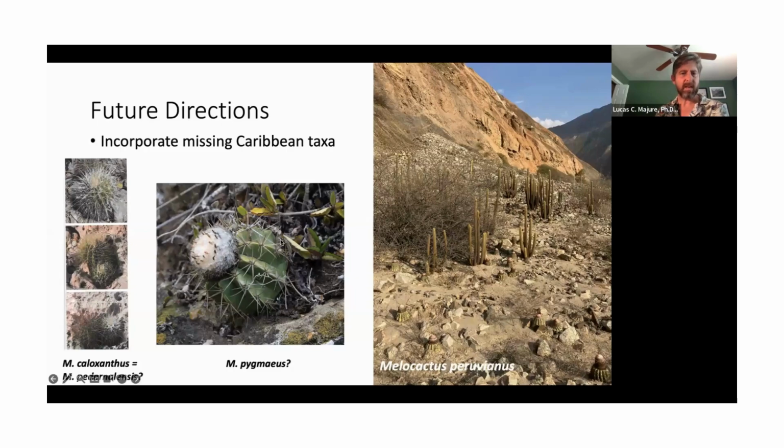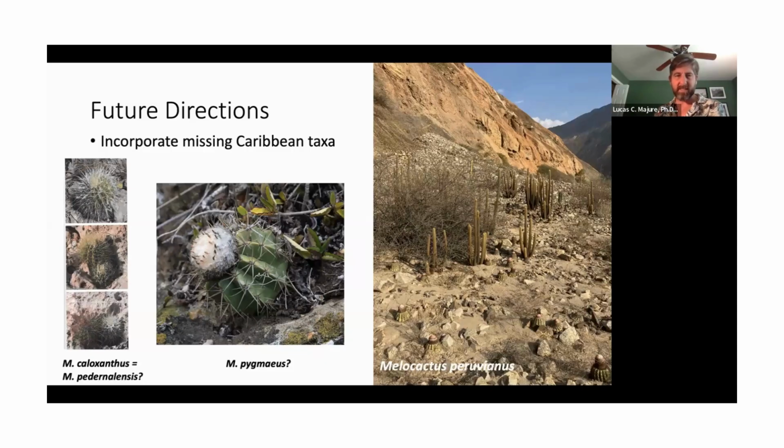Then there was another new species described from Puerto Rico by Gedanik et al., Melocactus pygmaeus. And it's unclear what its closest relative is. It actually looks like it could potentially be closely related to South American taxa, but they suggested maybe Melocactus lemairei, and I think Areces has suggested maybe Melocactus pareripticula.